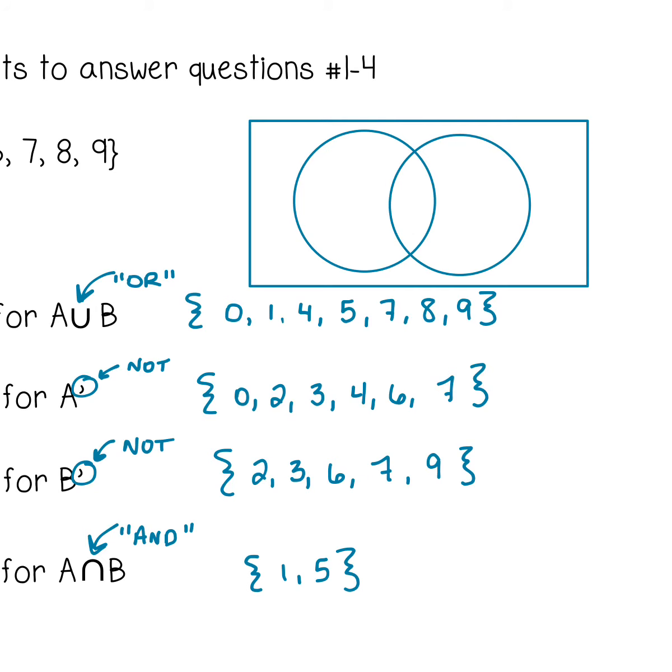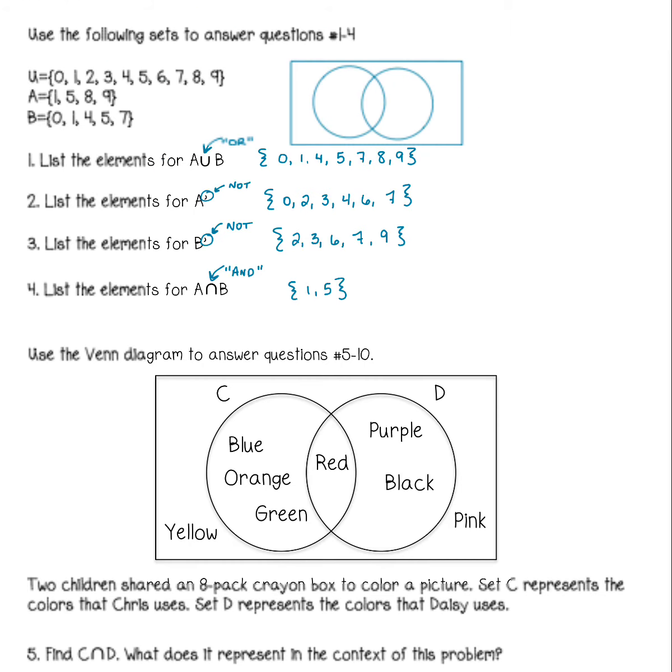We're going to take the elements in our sets and put them in. Let's zoom back out here. Remember, this is our universal set, set A and set B. A has 1, 5, 8, and 9. B has 0, 1, 4, 5, 7.